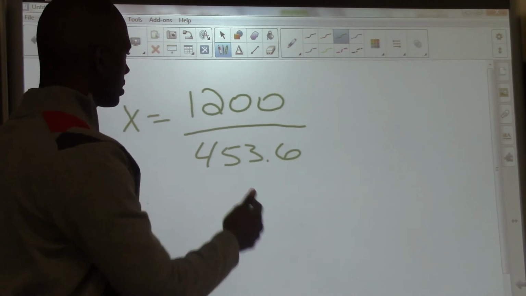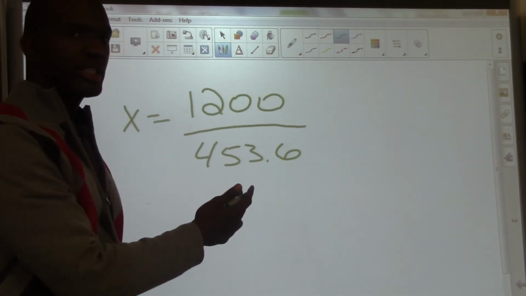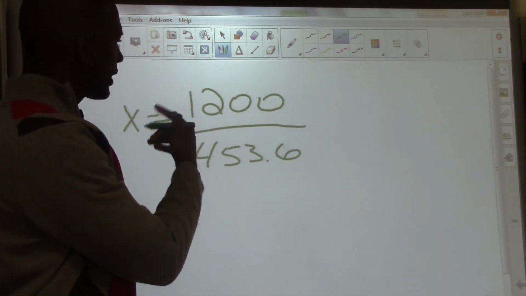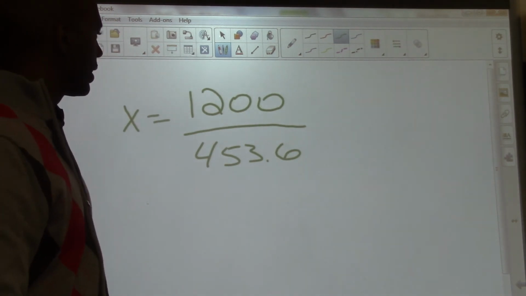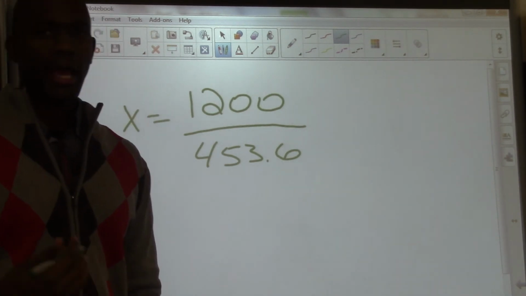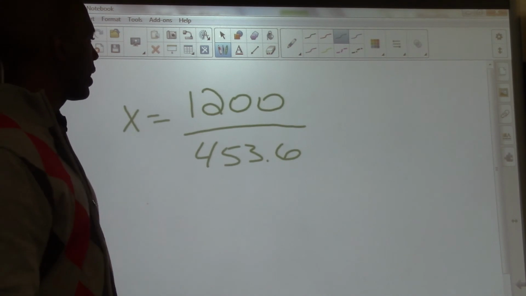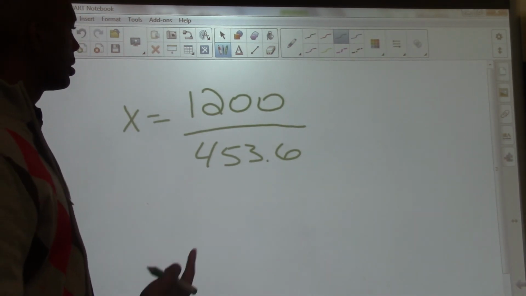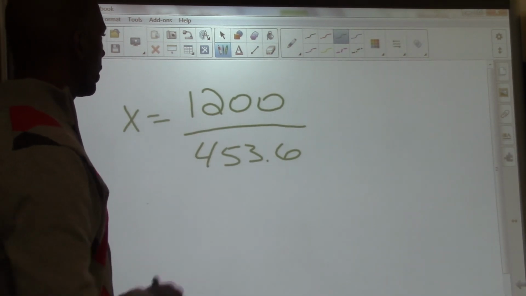With this fraction, all we have to do is simplify it. Divide the numerator by the denominator, and we will find out how many pounds are in 1,200 grams.